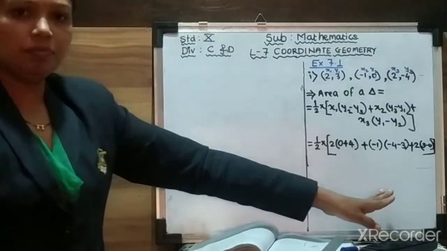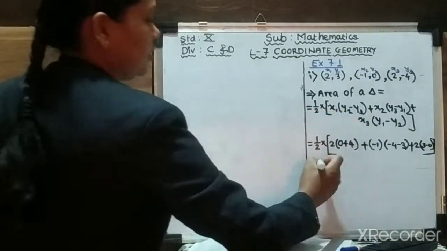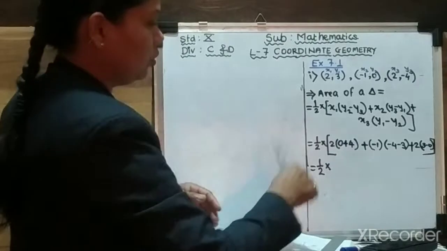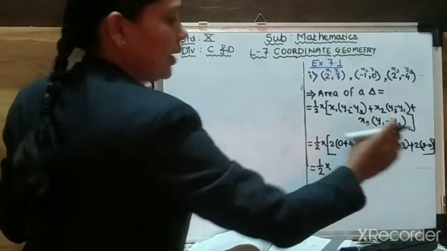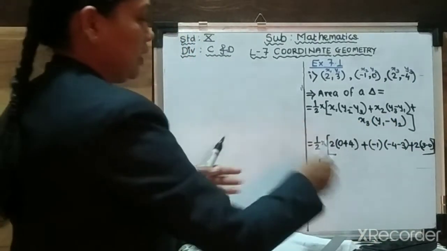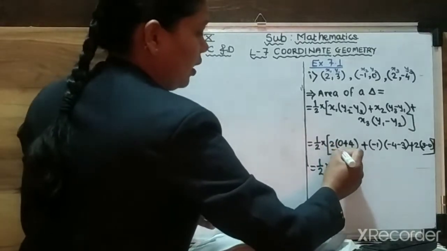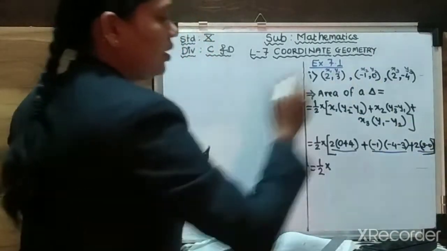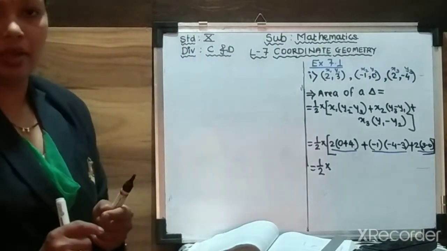Understood up to here? Now let us solve further. While solving, we first solve the bracket and then go for the multiplication, and put an underline just below it, because apart from these we don't have to multiply anything else.